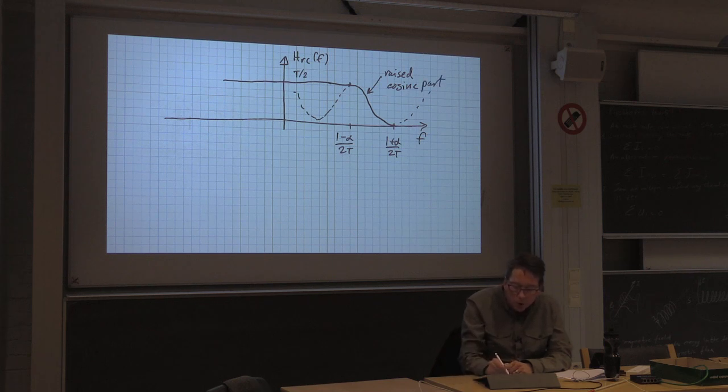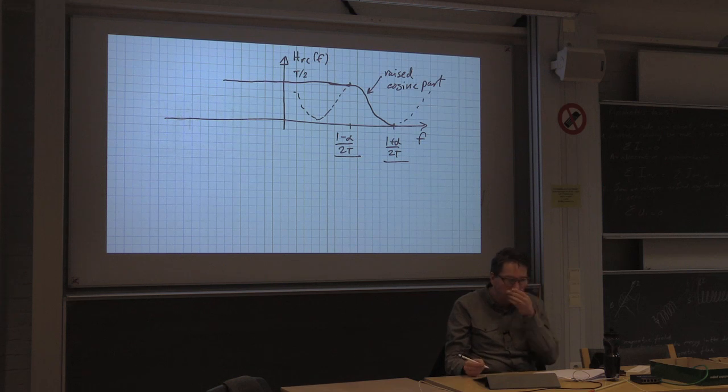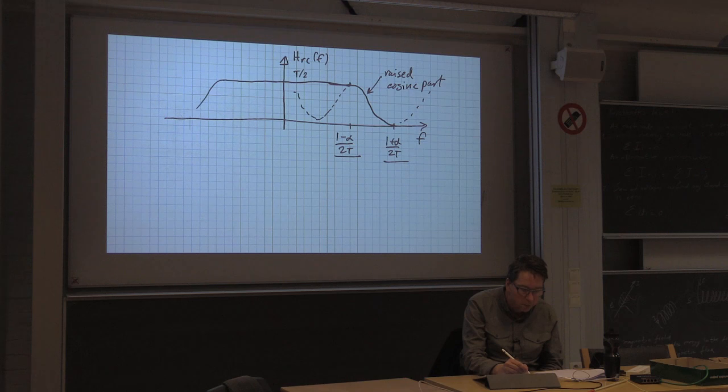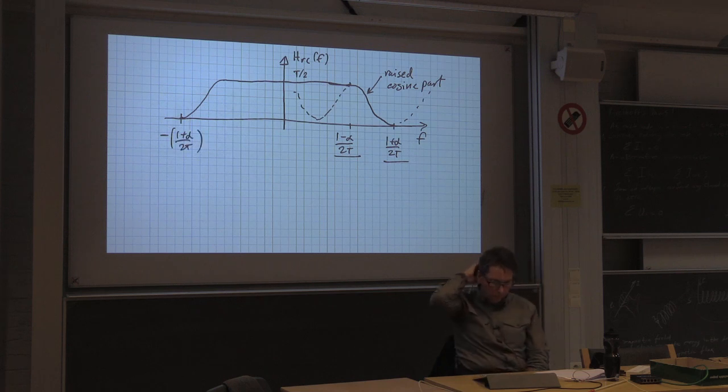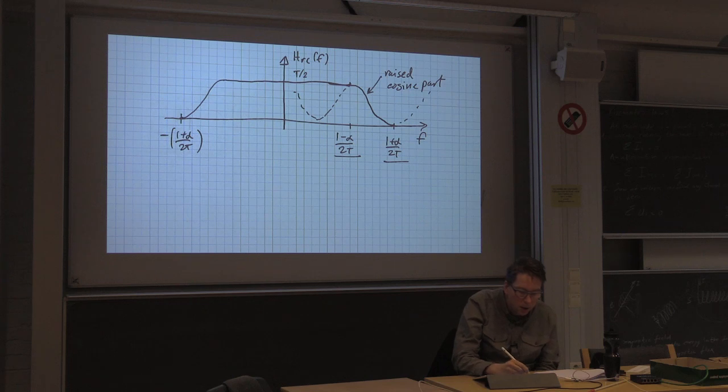It's something which is constant until this frequency and then goes down to 0 at this frequency, and then it's symmetric on the other side as well. So this is minus (1 plus alpha) over 2T. And again, the symbol rate is 1 over T.